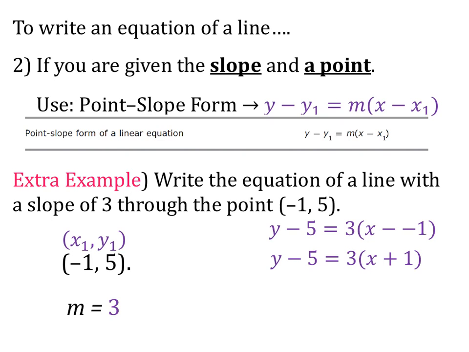The minus negative becomes a plus, as you can see here. So this minus negative will become a positive, or a plus. And then we can distribute the 3. So we get 3x plus 3. And then we can add 5 to both sides, getting us y equals 3x plus 8.